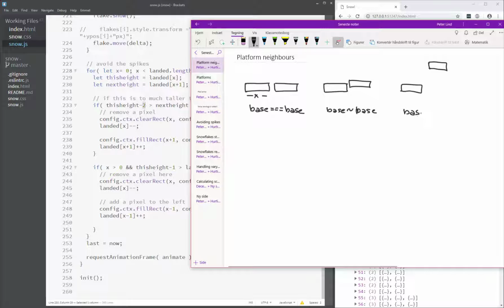Base is not equal to base at all, or it's not even close to be. I'm going to write it like this. So base is not approximately like the other base. So they're not neighbors.